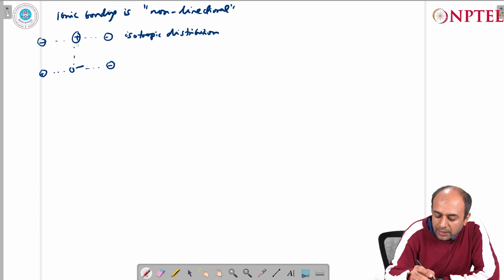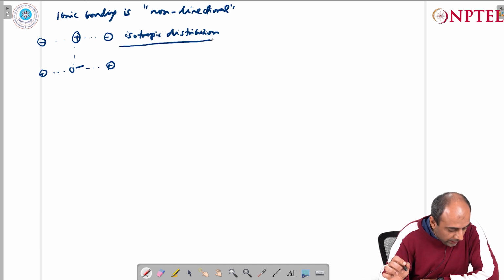That means a given cation is surrounded by a given set of anions, and an anion in turn is also surrounded by a similar environment of cations. So this is an isotropic distribution, and therefore ionic bonding is non-directional in nature. And so this is what essentially constitutes ionic bonding.